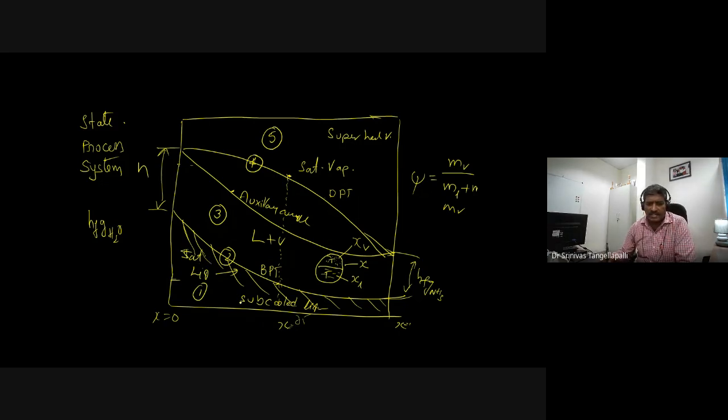For example, to identify the subcooled state, let us say the concentration is defined as 0.5, and P is also given, maybe 2 bar, 4 bar, something like this. The pressure is defined, and the given temperature is less than the bubble point temperature, because bubble point temperature or dew point temperature is a function of pressure and concentration.